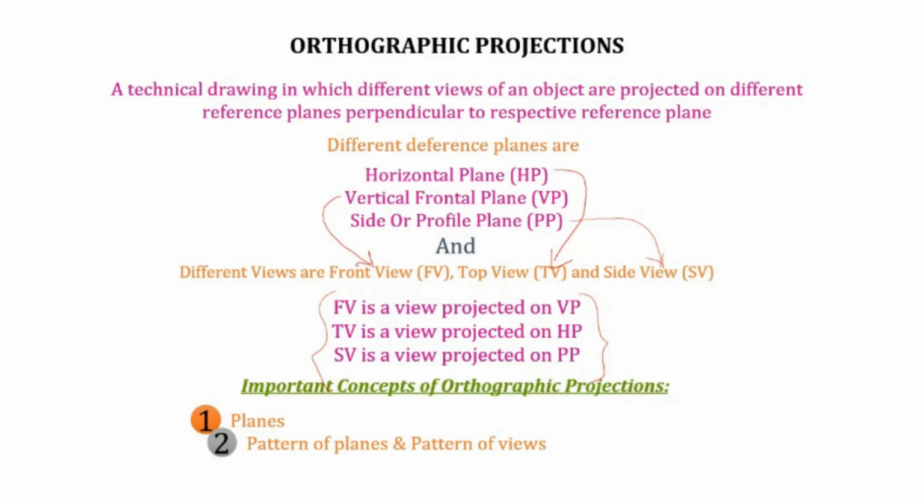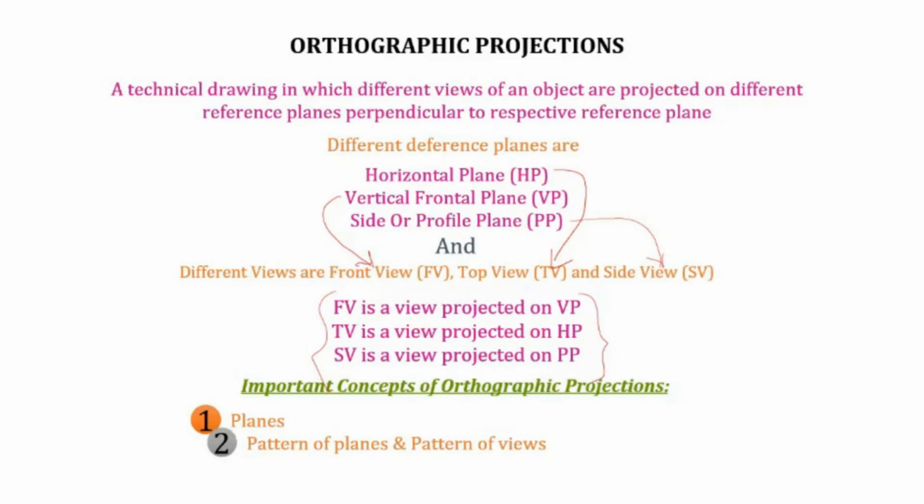Then the second one is the pattern of planes and the pattern of views, because all these three planes, the horizontal plane, vertical plane, and the side plane, are in three dimensions. You cannot directly represent all these things in two dimensions.